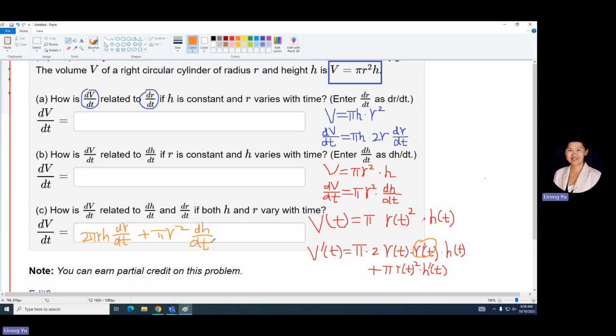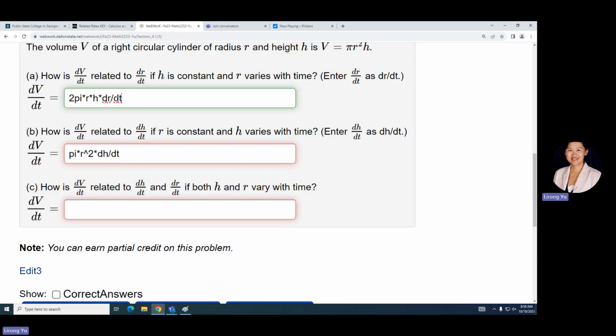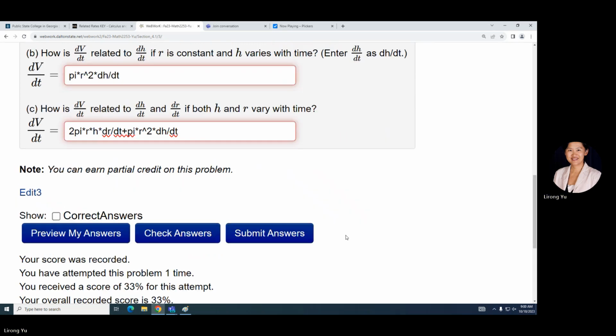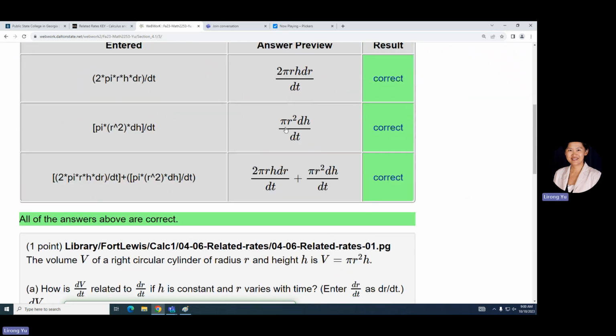Essentially, the last part is a summation of these two parts, because the last part considers both of them as not constant. So we enter pi times r squared times dh/dt. The last one is taking this plus taking this. So this is the final answer.